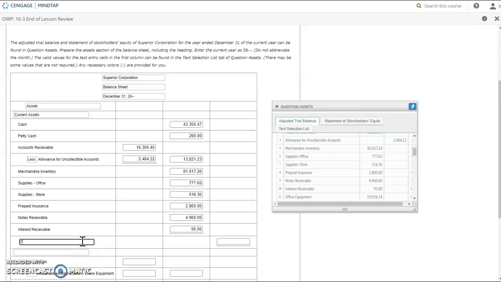So now we're going to total our current assets, and I'm going to add up that whole column.